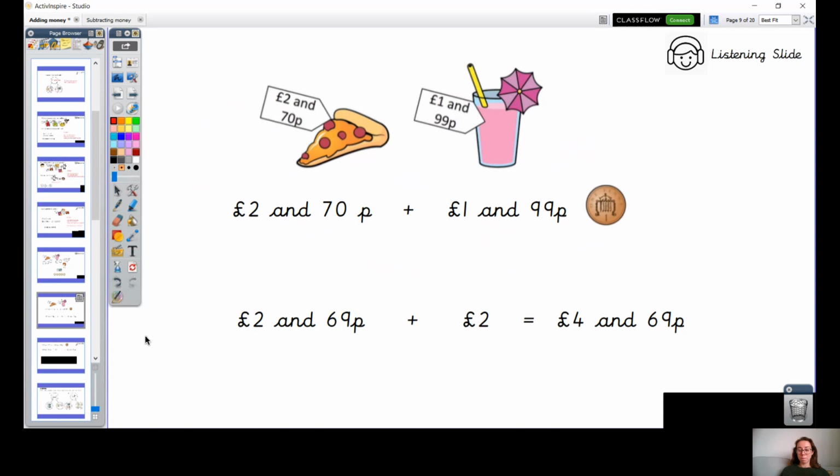Really simple. So when you have a cost which has 99p in there, some of you might get onto those questions later, transfer over a penny to make it a whole figure, to make it a pound, and that will help your maths a lot, make it a lot easier for you.